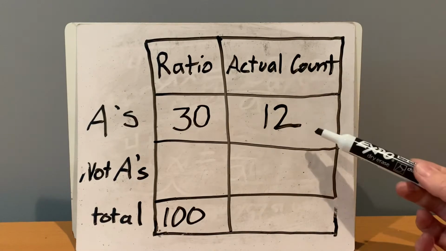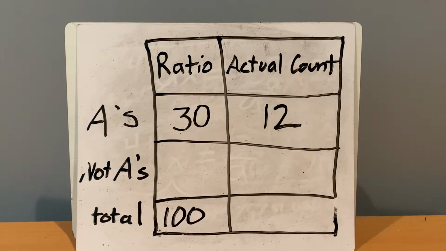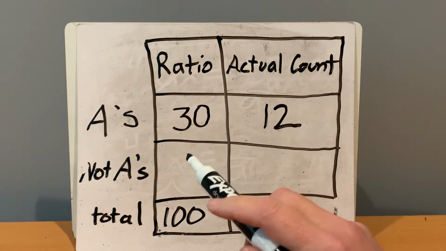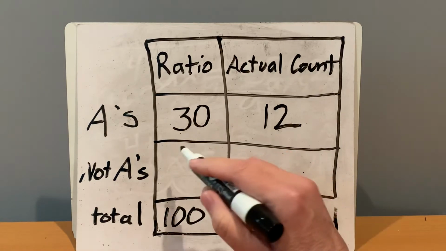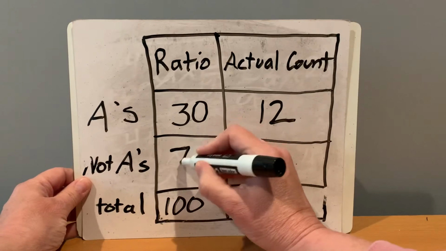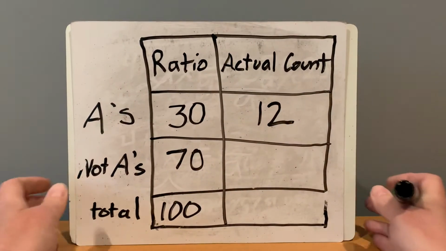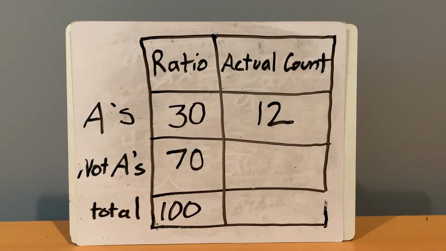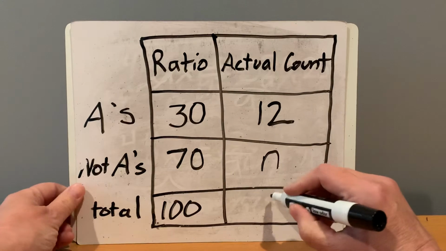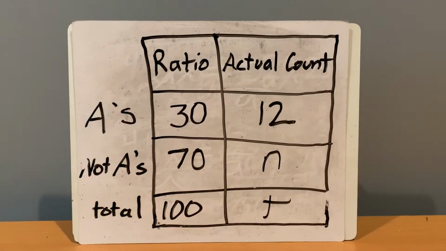We know that 12 earned an A. So now, since we know that the total is 100, the ratio number for not A's will be 70%. And we're going to use N to stand for not A's, and we will use T to stand for total.